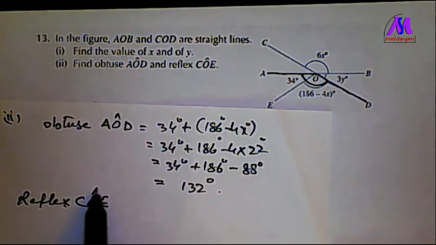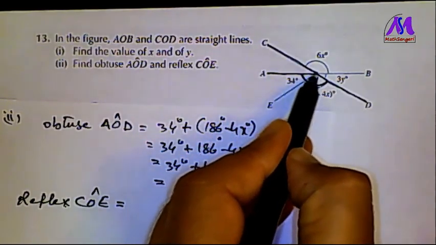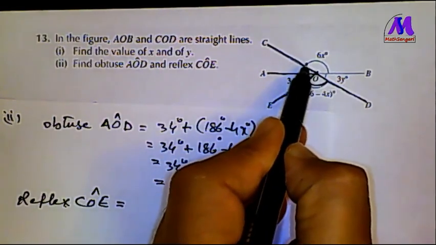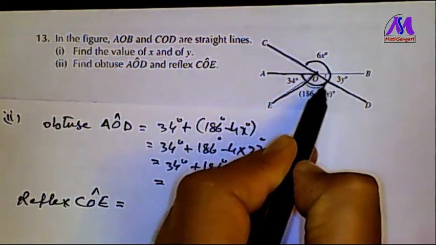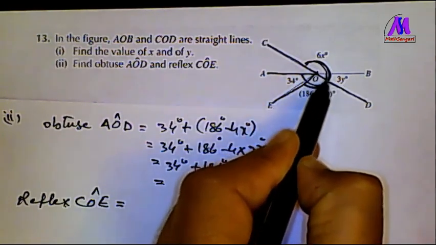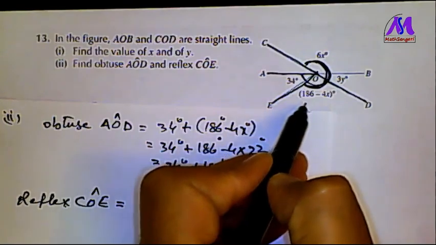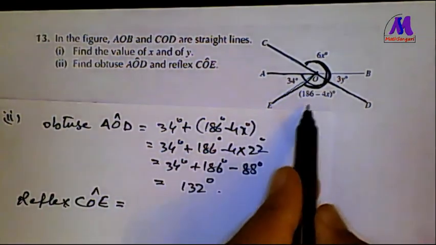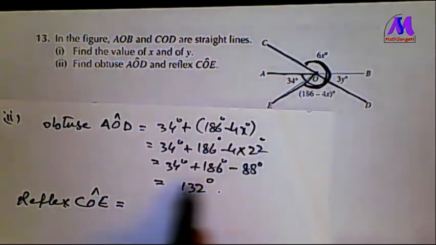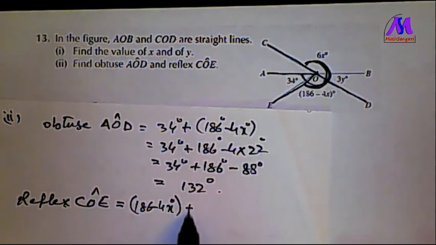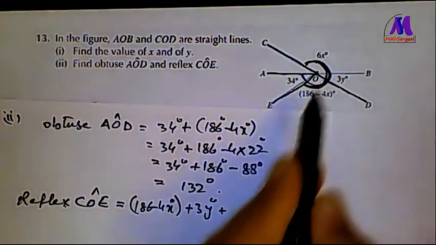That is the second part, reflex angle COE, this one. But remember, you have to find the reflex angle, that one up to this angle. So it will be equal to the first one here, 186 minus 4x degree, then plus the next is 3y, and the next is 6x.